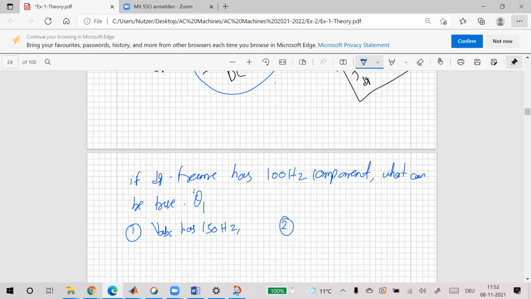And of course, here your transformation angle is omega t plus anything, let's say gamma naught, where omega is your 50 hertz. This is your park transformation angle. Option B, VABC has 150 hertz positive sequence. Option C, VABC has 50 hertz negative sequence.